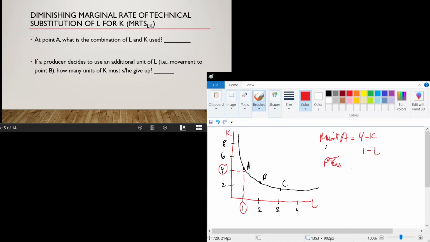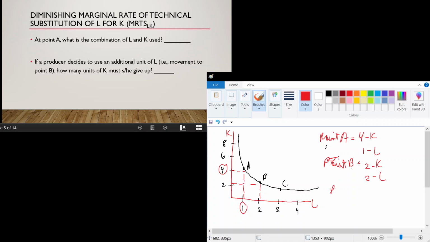At point B, so before we answer yung ilan yung i-give up, let's see muna. So, at point B, we have 2K and then 2L.